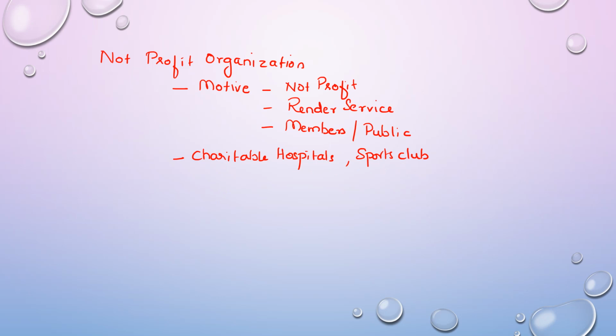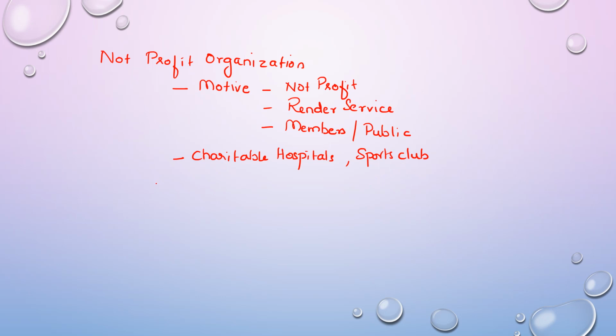Like charitable hospitals might be open to public at large. In sports clubs, people take membership and avail the services offered by the sports club. So there, the sports club is rendering service to its members. It might also be open to the public at large who can come and avail the services that they provide.